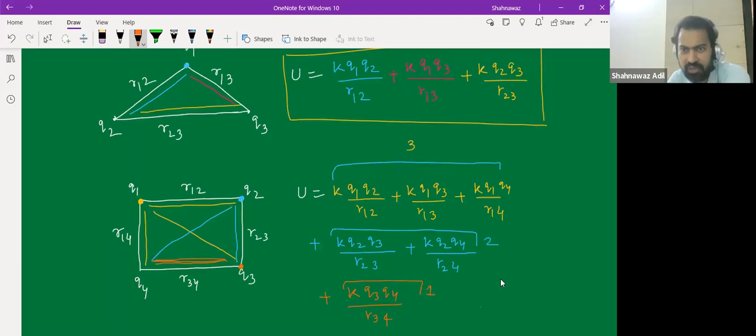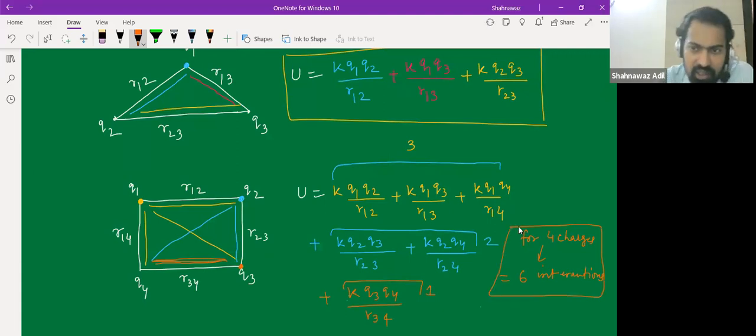So how many total interactions do I have? 6, right? So 3 plus 2 plus 1. So I have 6 interactions for 4 charges. Okay, so for 4 charges, I have 6 interactions.